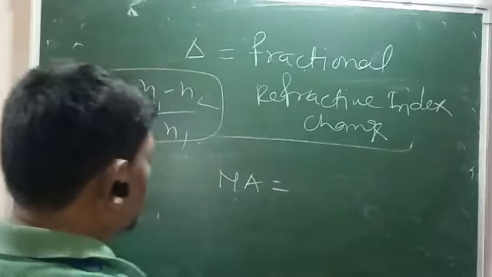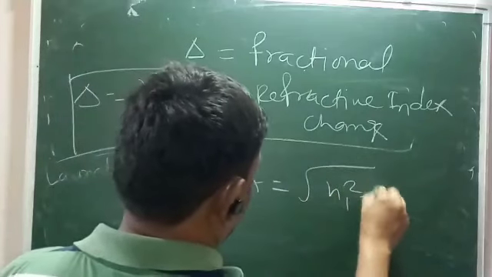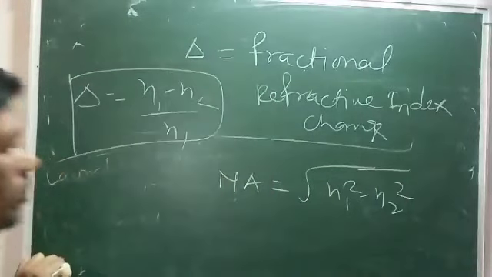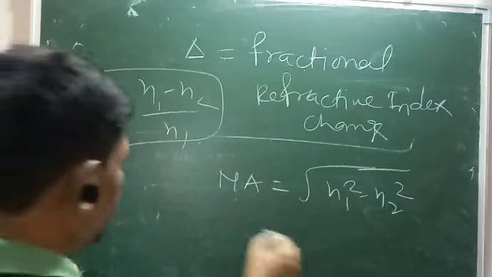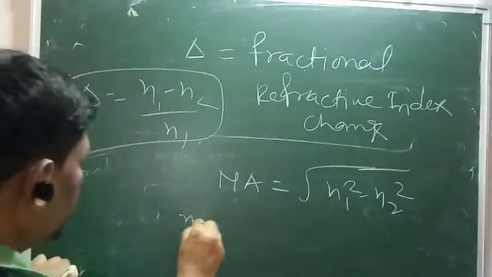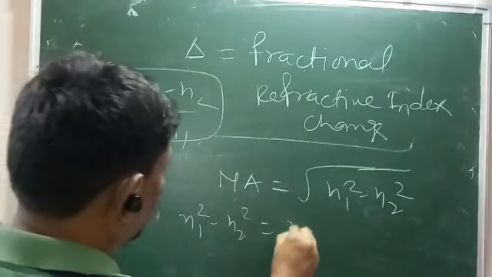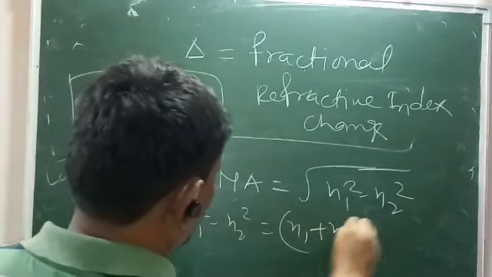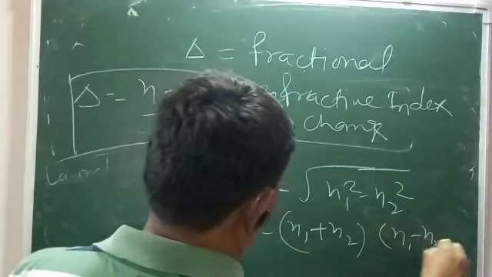Now we can manipulate the numerical aperture equation, root over n1 square minus n2 square. Now we can write n1 square minus n2 square is equal to n1 plus n2 times n1 minus n2.